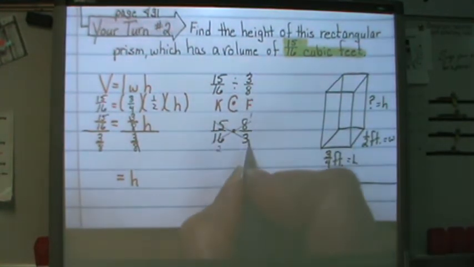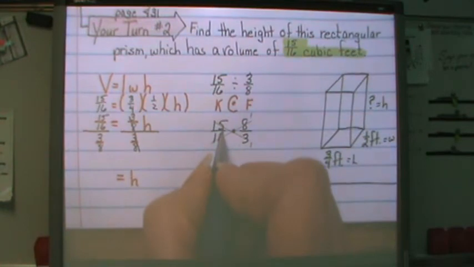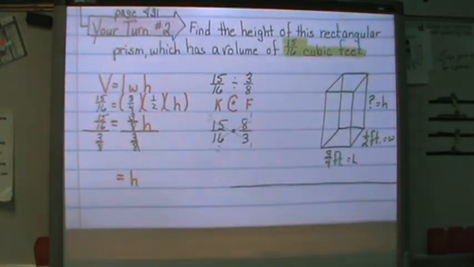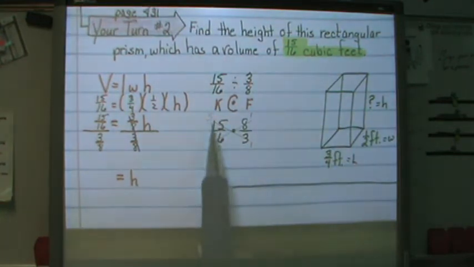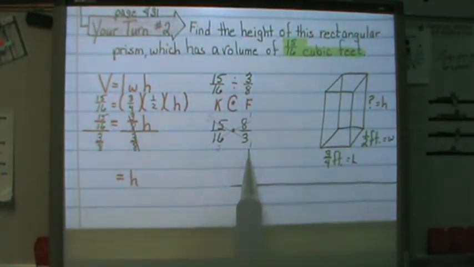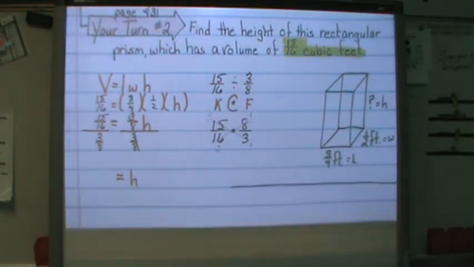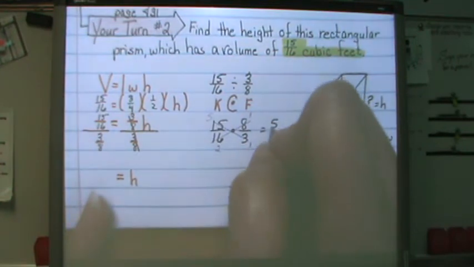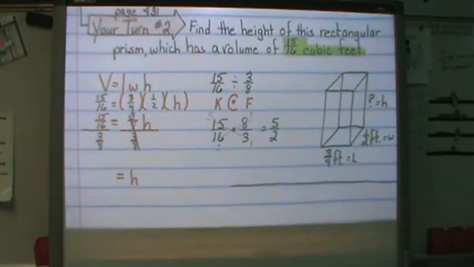So 3 divided by 3 is 1. 15 divided by 3 would be, let's see, 5. So my new fractions are going to be 5 times 1 and 2 times 1, which gives me 5/2. But you know, we can't leave it in an improper fraction.